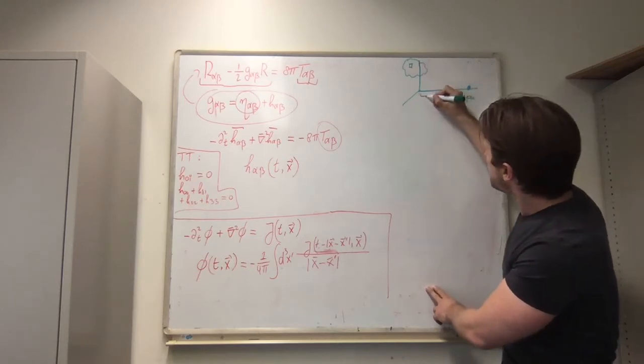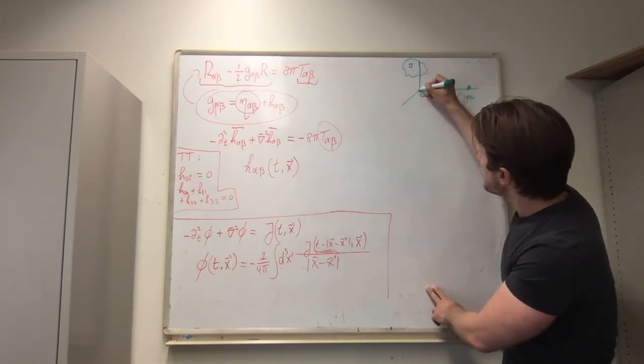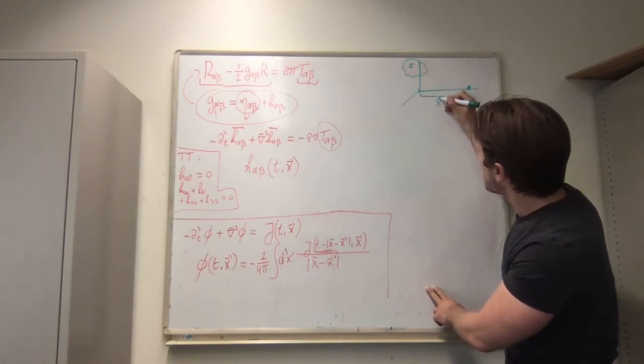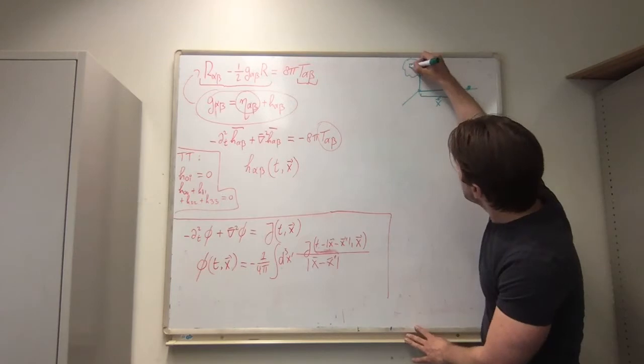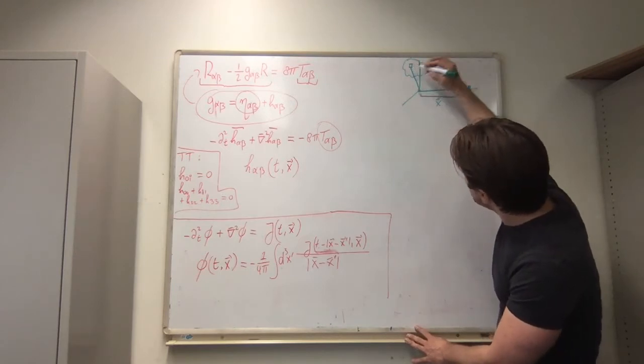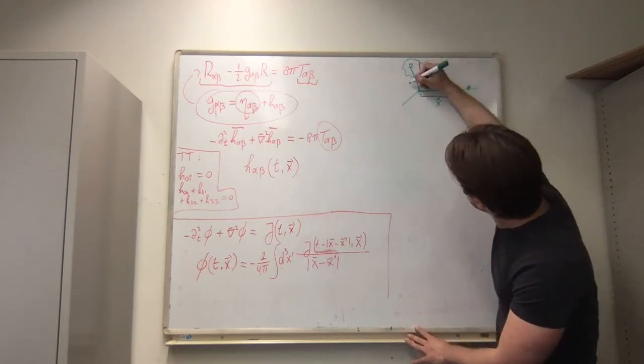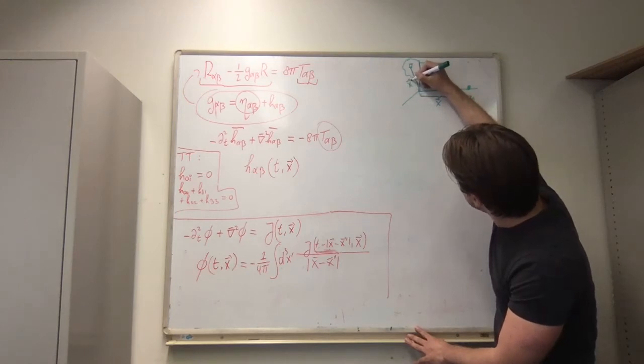Now, your position as measured from the origin here is called x, vector x. Any point in this distribution of stuff that has an influence on you, we're going to call x prime.